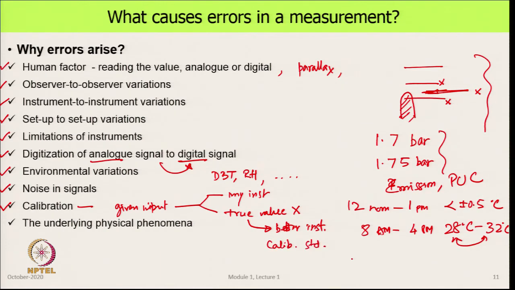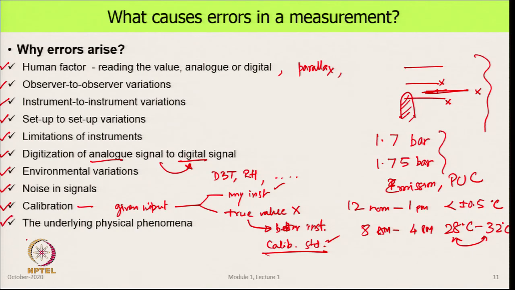In day-to-day measurements, we do not use a calibration standard, it is too expensive, it is too difficult to use, and it is sometimes just not practical. So, we choose another instrument which is a lower grade or a lower quality instrument than the calibration instrument, and say, well, look, I am going to map my reading with the reading from this and say how good I am. So, that is calibration, and inherently it ends up introducing an error.